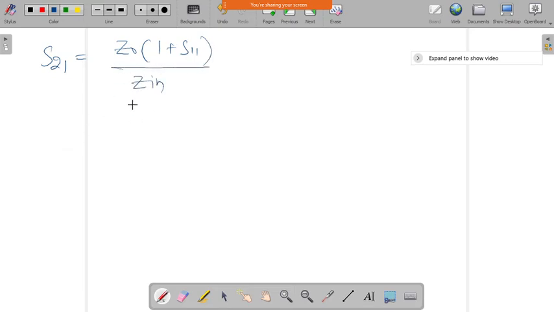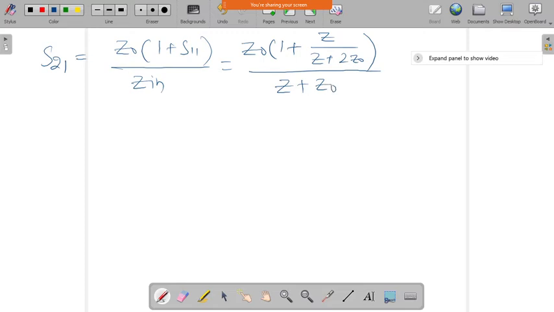Now we can replace Z in, because we have already found what Z in is, and we also know S11. S11 in terms of the impedance, which we found earlier, is Z by Z plus 2 Z naught, and Z in is Z plus Z naught. So this is what we get for S21.